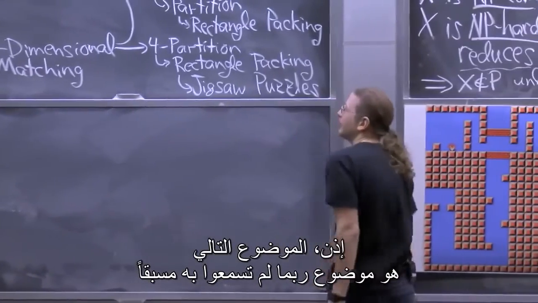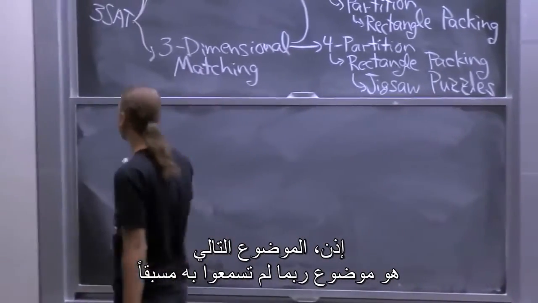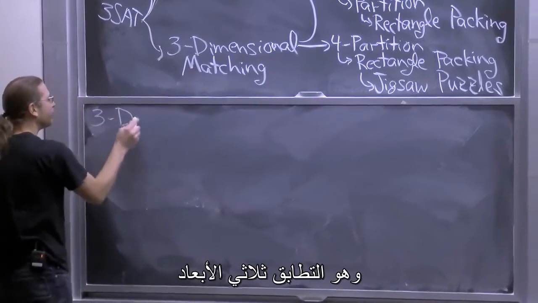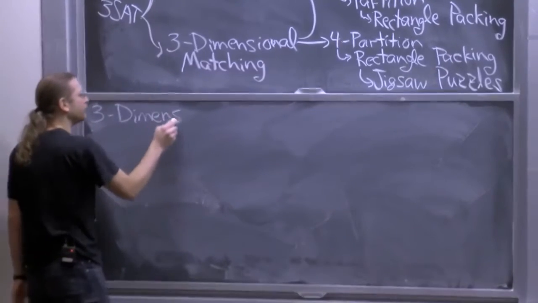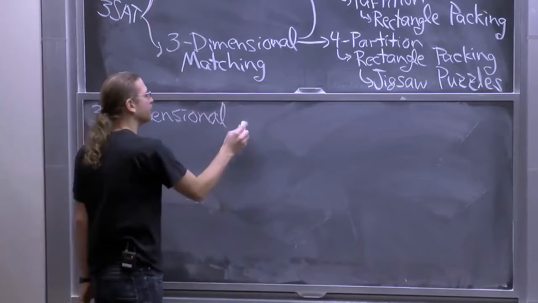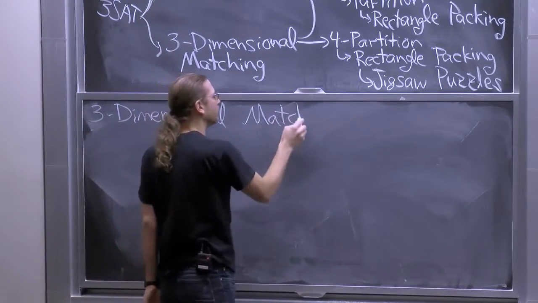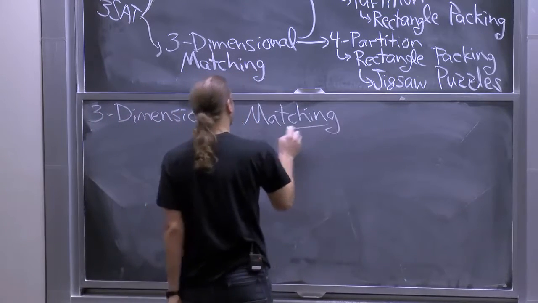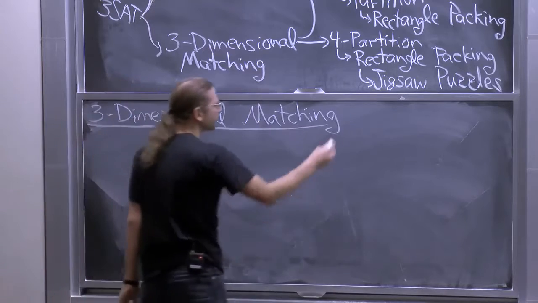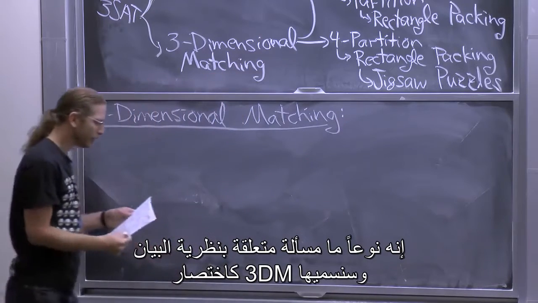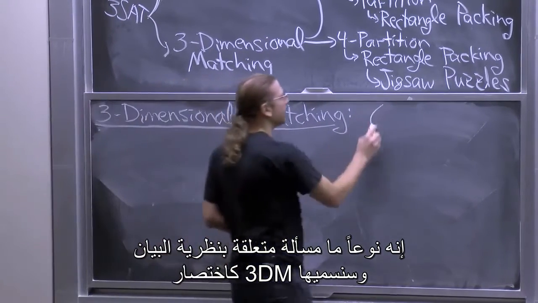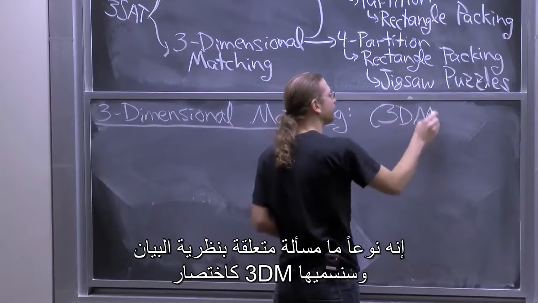So the next topic is a problem you probably haven't heard about, three-dimensional matching. This is a kind of graph theory problem. We're going to call it 3DM for short.